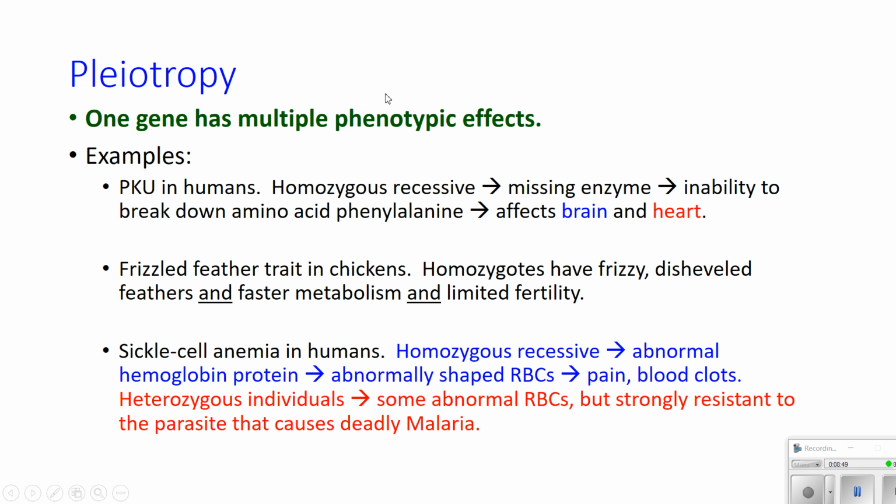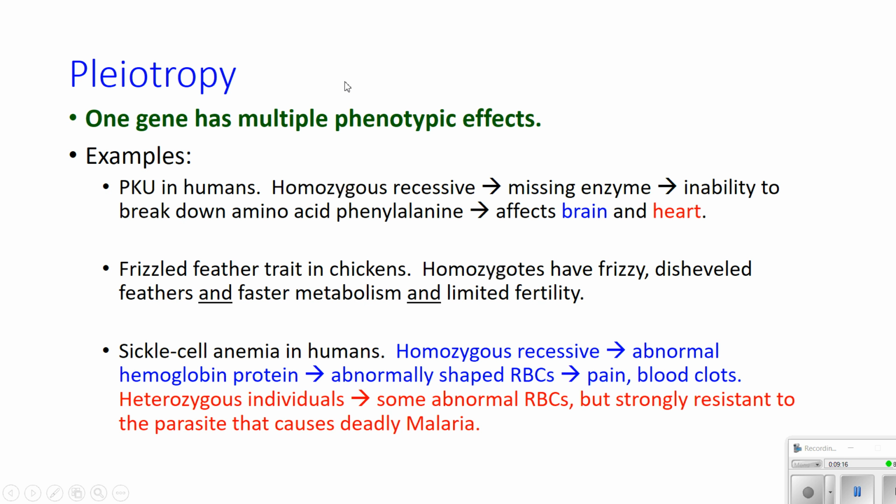Okay, so we're going to continue now discussing exceptions to Mendel's rules, things that we know sometimes happen with certain genes, but that Mendel did not know about. The next one on the list is called pleiotropy. Pleiotropy is when one gene has multiple phenotypic effects. Mendel thought it was simple.